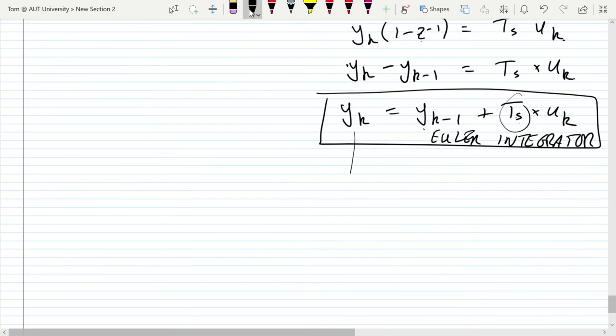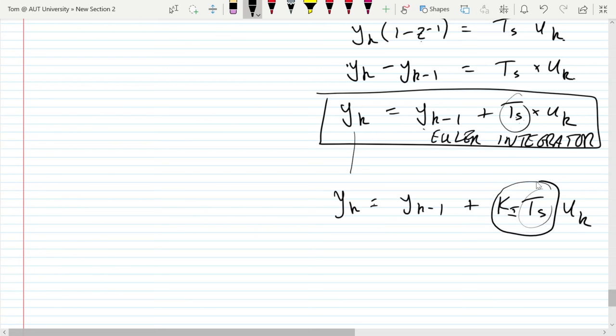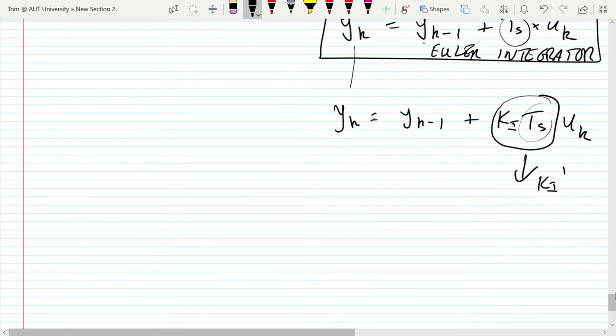So you have Y_k is equal to Y_(k-1) plus Ki TS U_k. And really there's not much point in putting TS, because when you multiply it by Ki, you're going to get a new constant, which we call Ki dashed, let's say, or whatever. And so you might as well just miss it out and call it Ki the first time round.